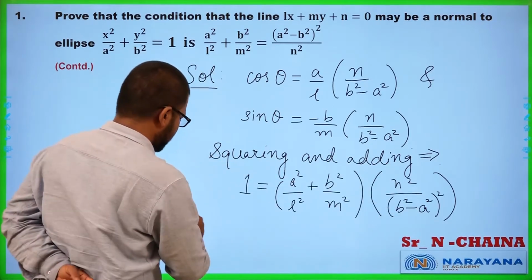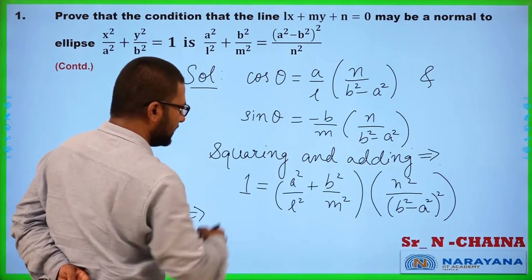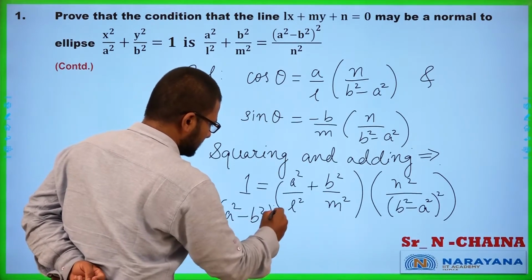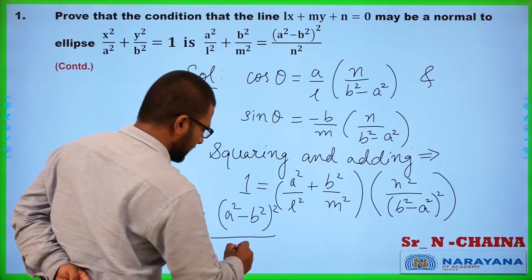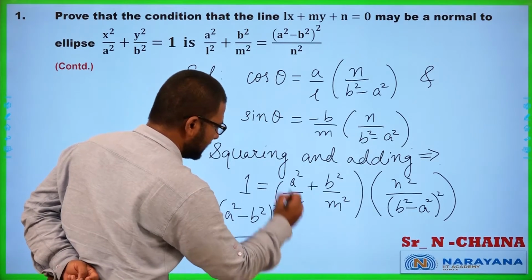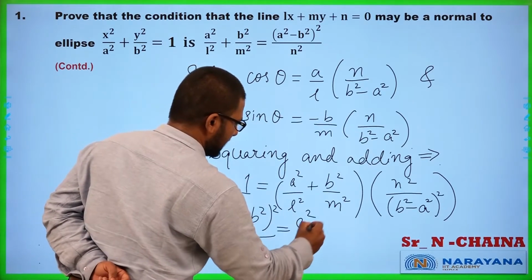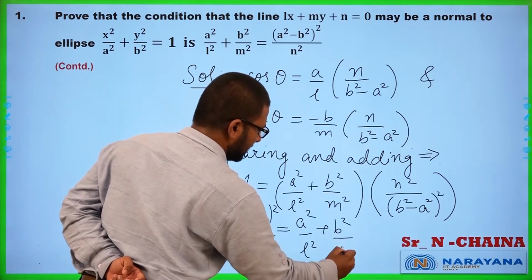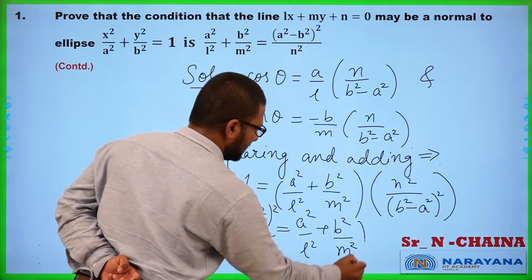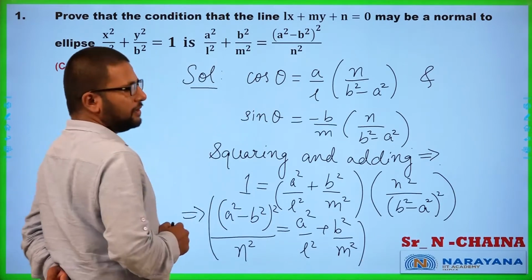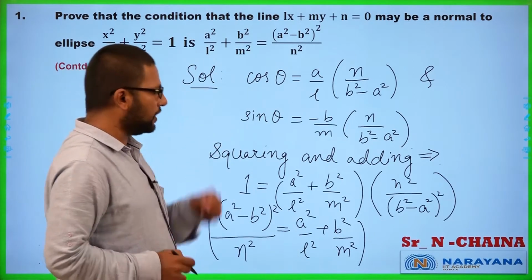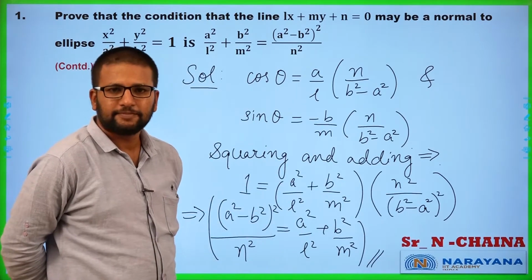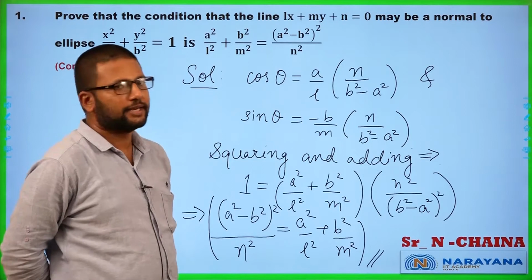So bring that here, we will have a square minus b square the whole square divided by n square is equal to a square by l square plus b square by m square. That is the condition we are looking for. Got it? So that is your answer. Yes? Did you get it? Okay, let us proceed.